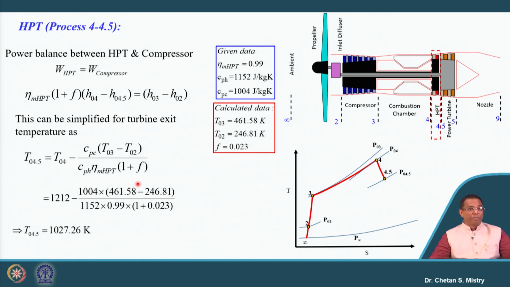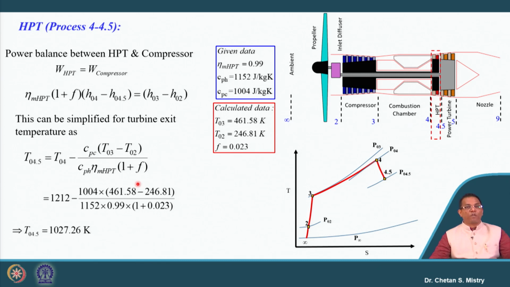I know many of you might have made a mistake here. Be careful. What is the use of the HP turbine? This HP turbine in this case is used to rotate only the compressor. In earlier numericals, we have seen the gas generator turbine used to rotate both the compressor as well as the propeller. Okay, so this is somewhat different.